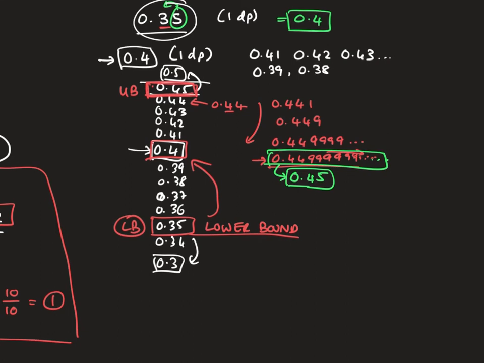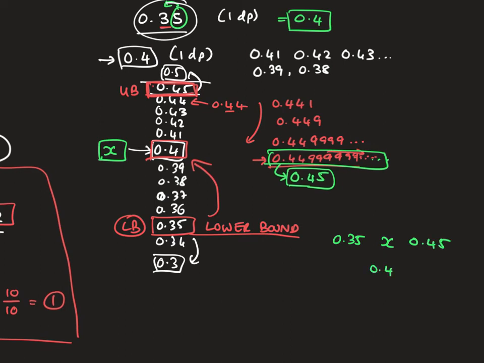Now, of course, if x was your number 0.4, we could say that x would be between 0.35 and 0.45 here, that would round to 0.4. But what we do is we say that x is greater than or equal to 0.35, because it will include 0.35, but we can see that rounds upwards.